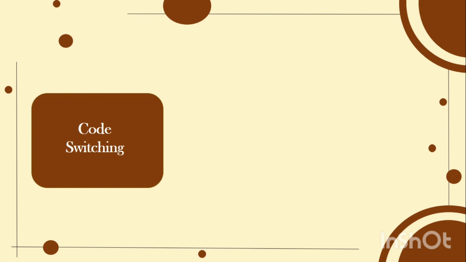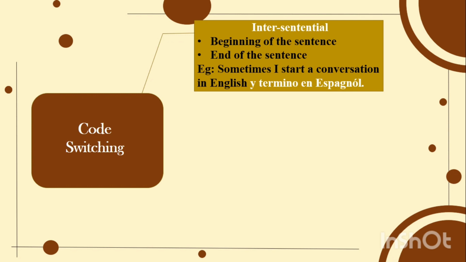Now we move to the types of code switching. We have 3 types here. First, the intersentential. It is used in the beginning of the sentence or in the end of the sentence. Example: sometimes I start a conversation in English y termino en español.